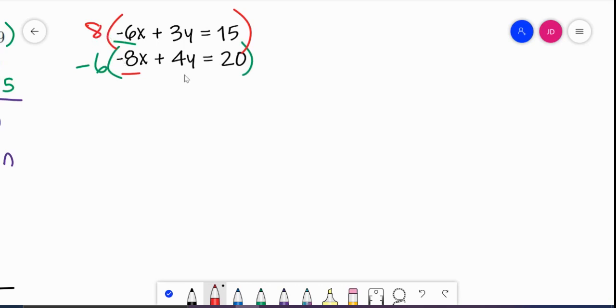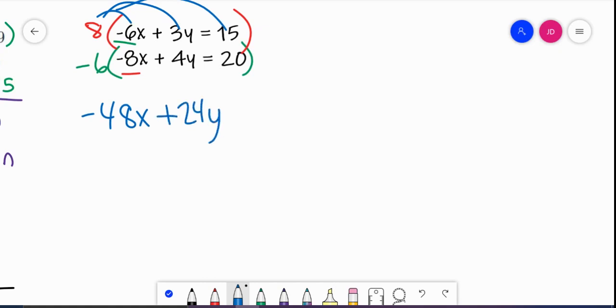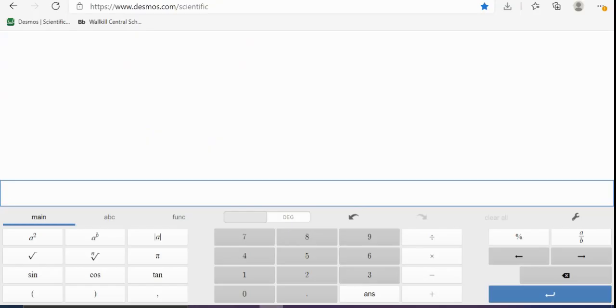So when I distribute this, 8 times -6x, negative 6 times 8, is -48x. 8 times 3y is 24y. And 8 times 15 is 120.